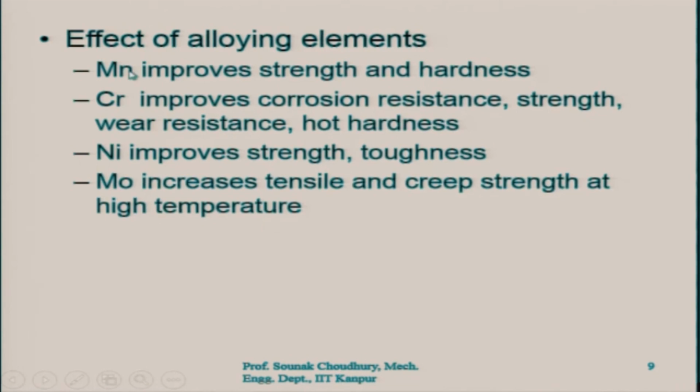Of course, these effects are given qualitatively, but you have to understand that manganese improves strength and hardness only within a certain level. Research went into alloying materials and is still continuing in this field; by changing the composition, the percentage of these alloying materials and their combinations, different properties can be obtained.